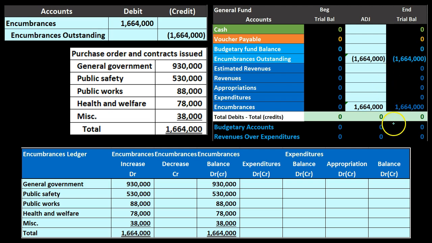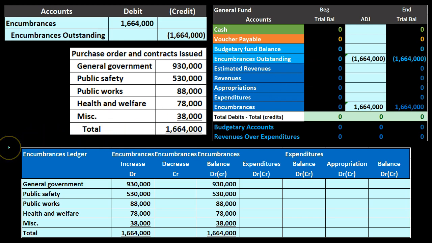And note, those are just going to be equal and opposite, so they're always just going to be equal and opposite. And then once the expenditure happens later on, once the normal process that would normally happen under a cash or accrual basis to trigger when the expense would be recorded, before we record that expense, we will reverse the encumbrance related to it, and then we'll record the expense as we normally would. So we'll reverse this, then record the normal type of expense.